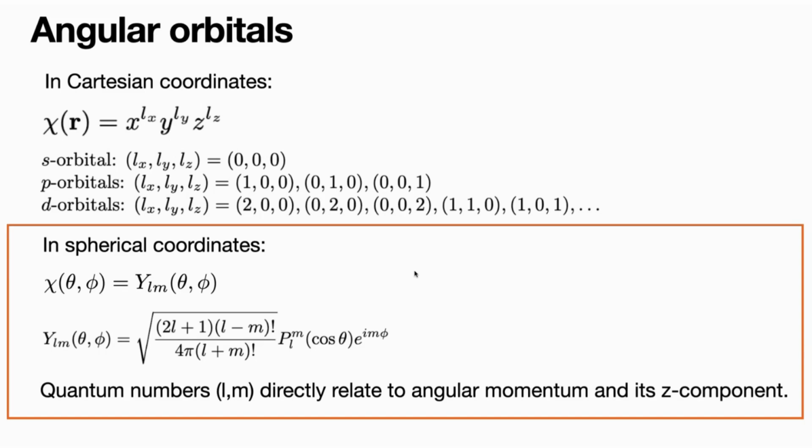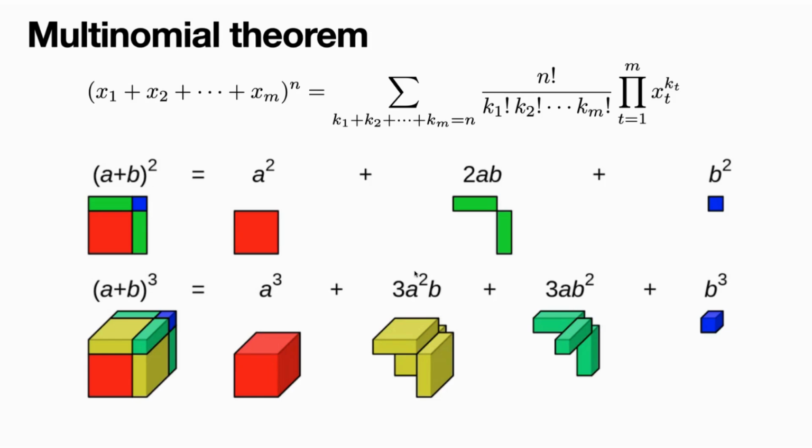So in Cartesian coordinates, there is a very clear correspondence between the Cartesian angular momentum and the spherical harmonics. For spherical harmonics, we need the Clebsch-Gordan tensor contraction, but you can do everything in the same way in the Cartesian coordinates, and all you need to know is the multinomial theorem.